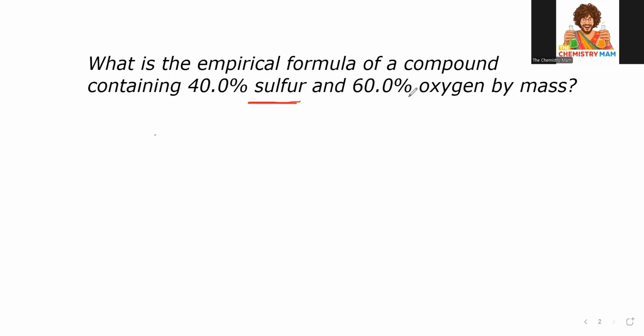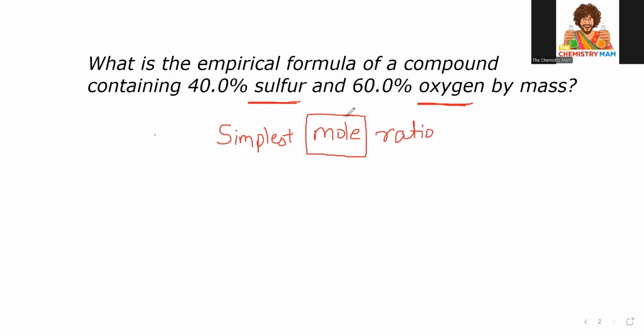So it has 40% sulfur and 60% oxygen by mass. And I'll just repeat the definition of empirical formula. It is nothing but simplest mole ratio. So first we need to focus on calculating the number of moles. Number of moles of what? The elements present in the compound.